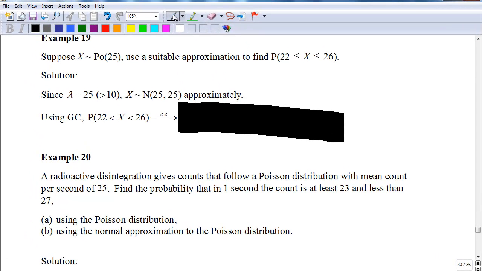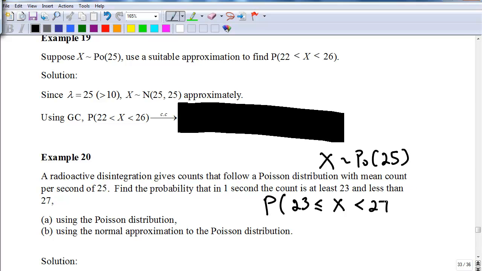Now, the first thing I will do is to call X this disintegration. If you look at the question, they say that it follows a Poisson distribution with mean per second 25. So every second there are 25 counts. Then the question wants you to find X to be at least 23 and less than 27, and they want you to find this probability. Now if I want to use the Poisson distribution, then this is easy to find.